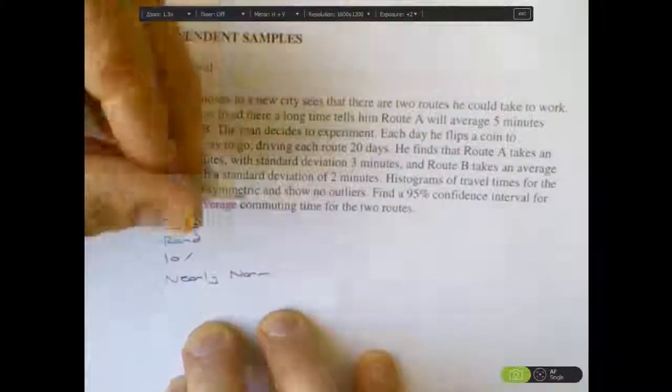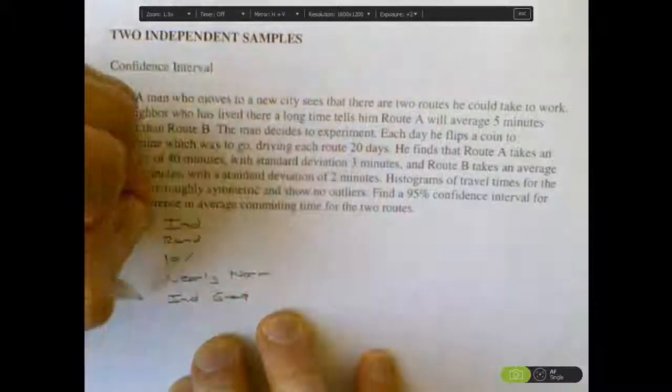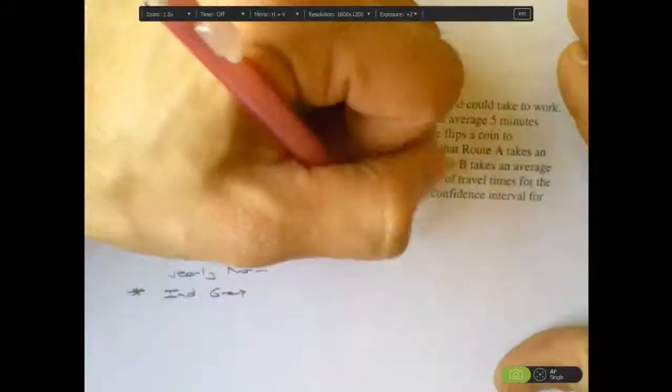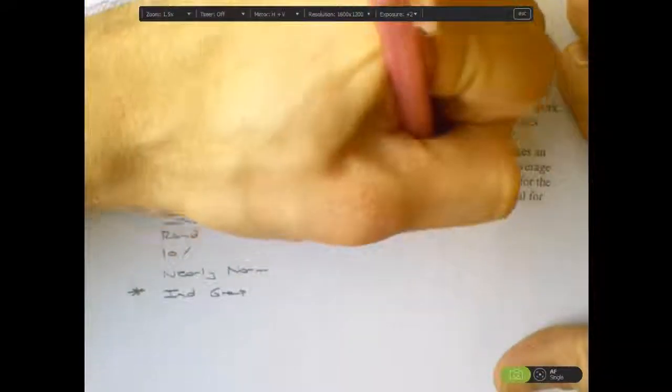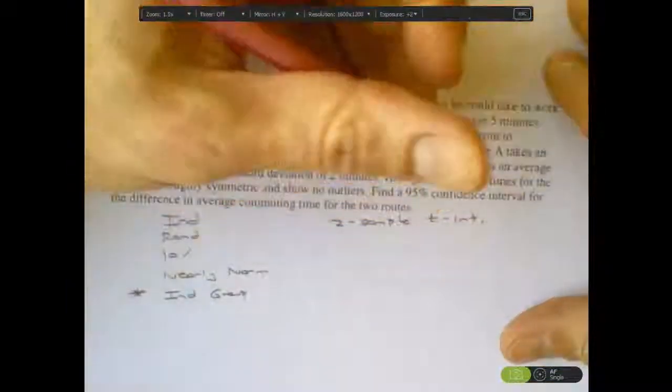If you actually had the raw data, you would need to make two histograms. And as we saw with proportions, I'm going to need to check independent groups. This is going to be a two sample t interval. That's what they're asking, 95% confidence interval.